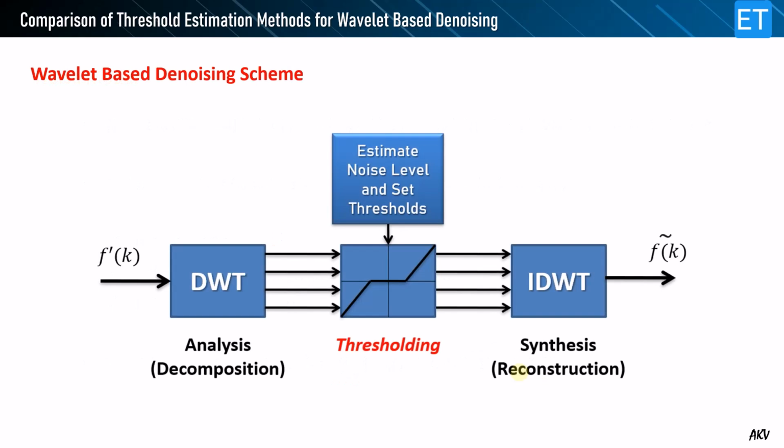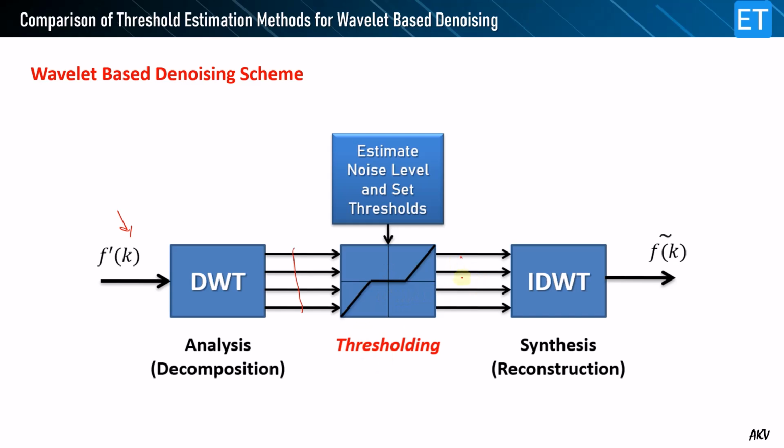So this is the wavelet transform based technique. Here I have this noisy audio f_k. It is first decomposed into wavelet coefficients with the help of the discrete wavelet transform, and then the detail coefficients are thresholded with some thresholding rule.